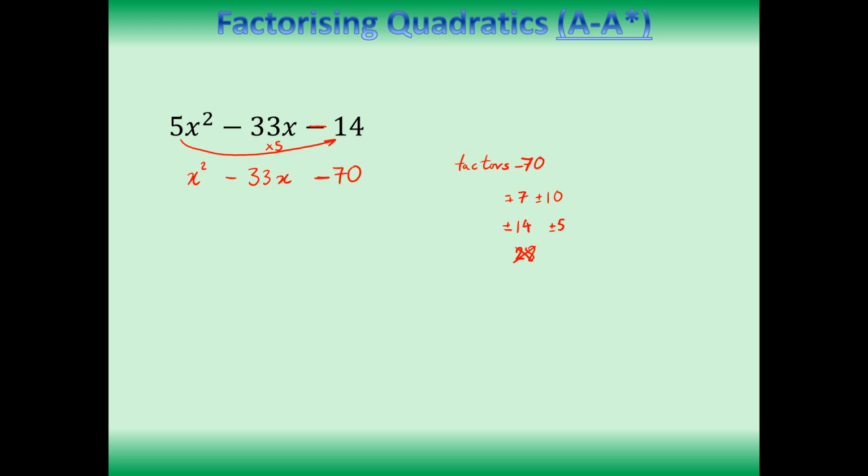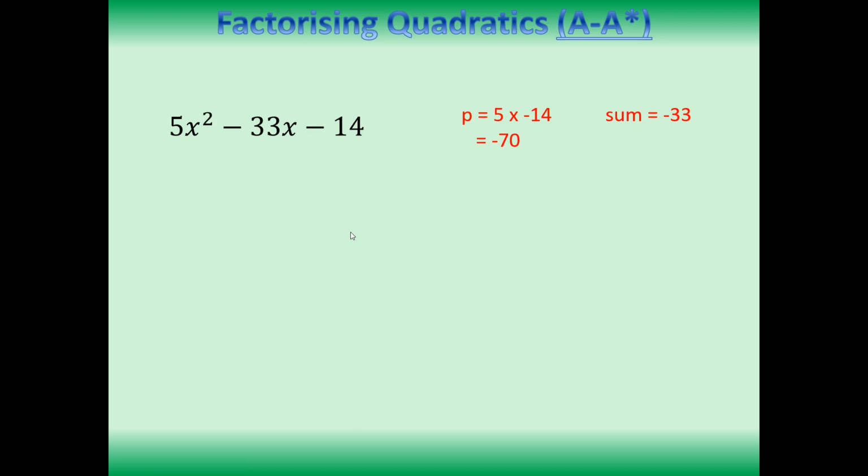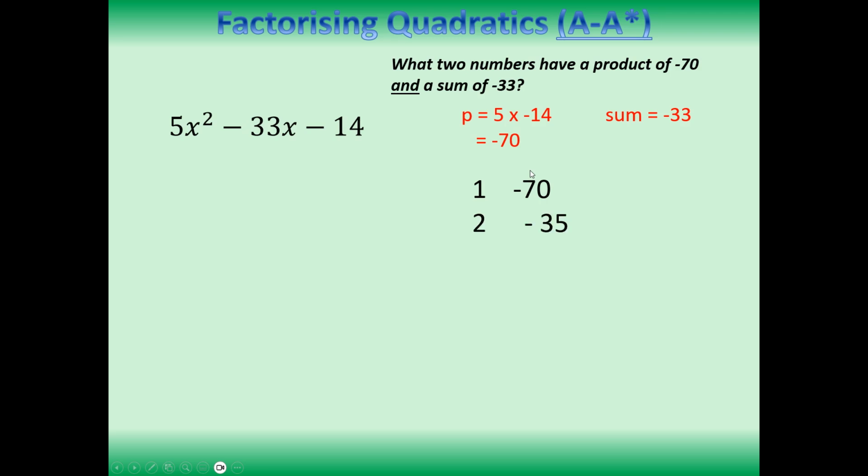What are the factors of negative 70 that add up to 33? Pause the video, have a go. If you have a go at this question, you end up writing factors of negative 70, and you notice that 2 and 35, or rather 2 times negative 35, add up to negative 33.